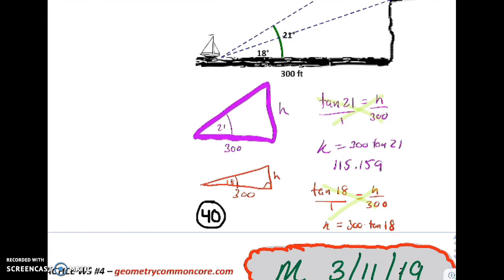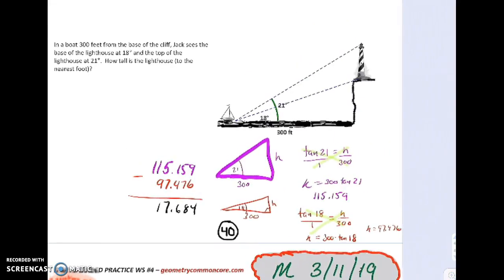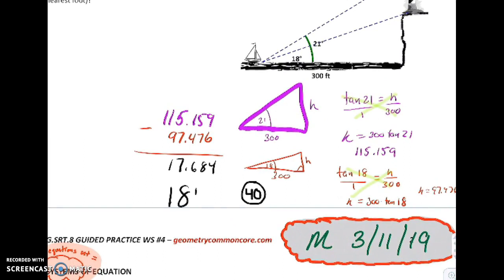And that is 97.476. And when I subtract those two, you subtract and you get 17.684, and it wants it to the nearest foot, so 18 feet.